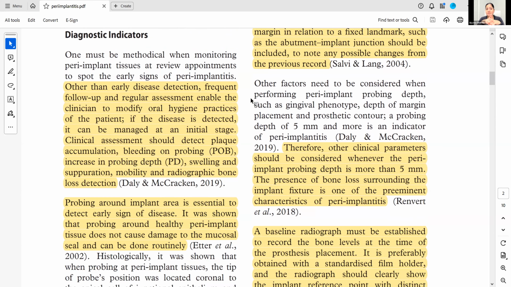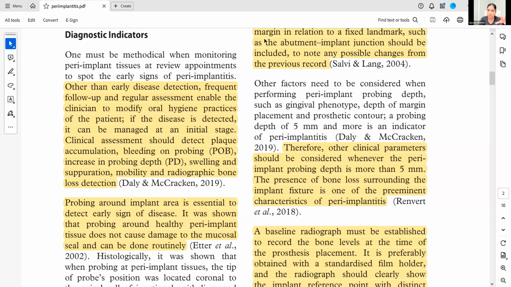So what are the diagnostic indicators that will indicate that the implant is starting to develop disease, and how can you arrest it at an early stage, identify it, diagnose it, and then plan your treatment accordingly? That's the basic flow of studying the patient in follow-up appointments.